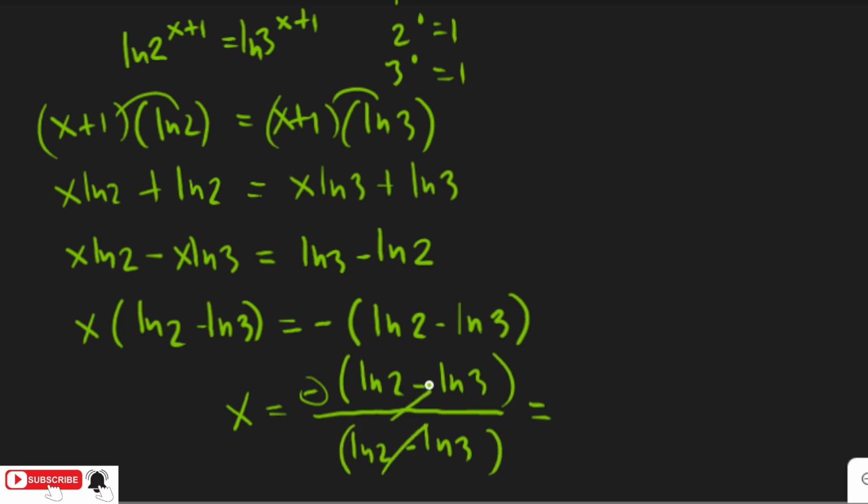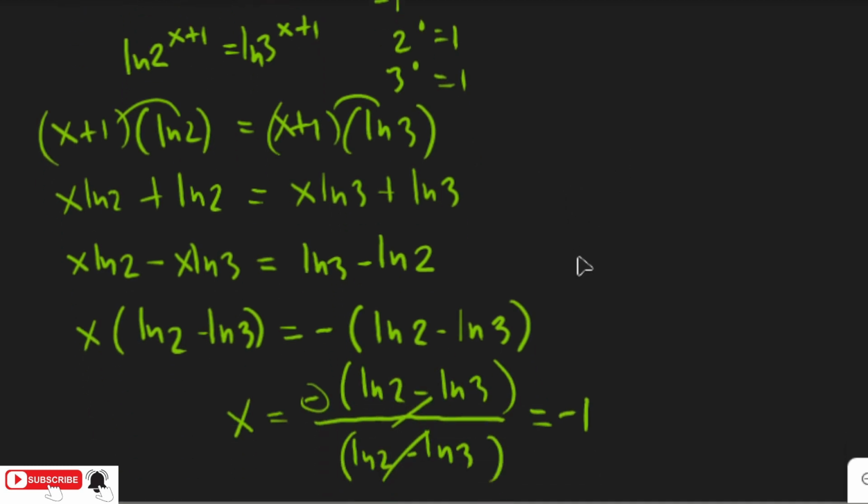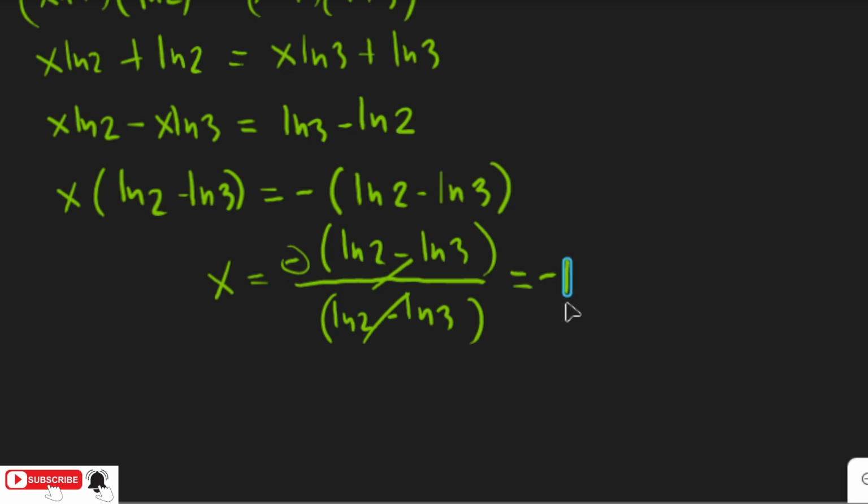So they cancel, and x is equal to -1. So by inspection, from our first observation, x should be equal to -1 for this equation to hold, and we have solved that x is equal to -1.